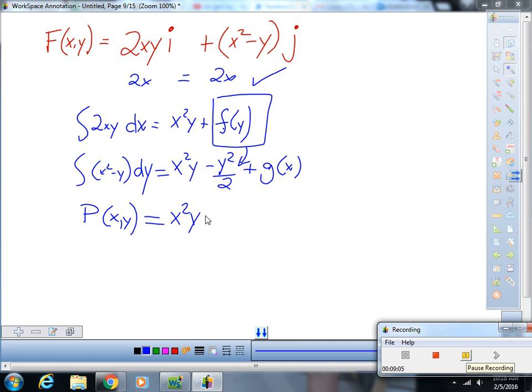So minus y squared over 2. And then, class? Plus c. Now what's the gradient of that?